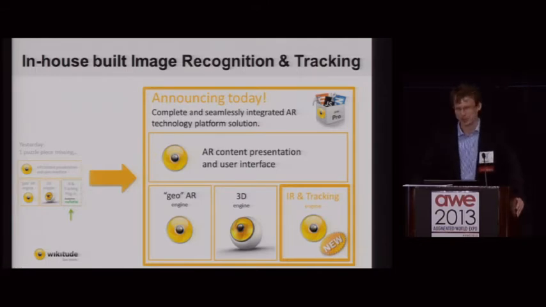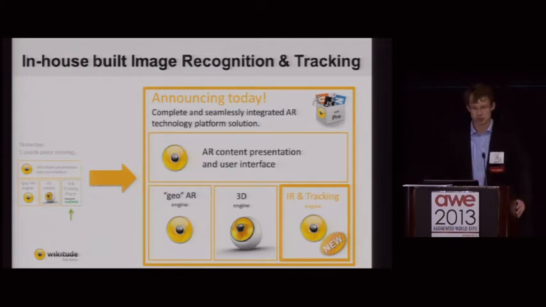With the next SDK release, which will be in spring this year, and technically it's still spring, as we've heard today, we will replace the Vuforia image recognition parts with our own tracking solution, our own image recognition engine.